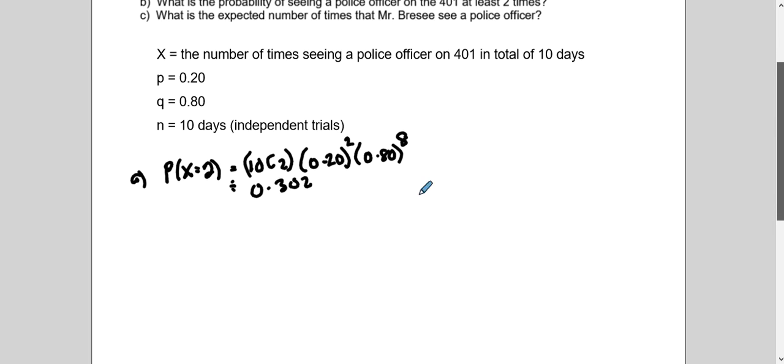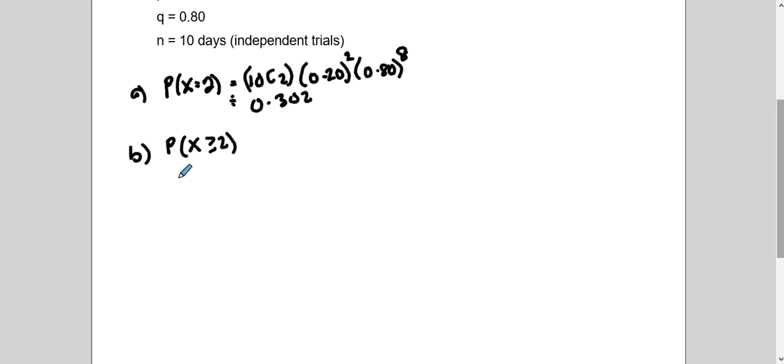Well, the probability of seeing it at least 2 times. We're going to look at this. So we're going to say x is greater than or equal to 2. Well, if I'm thinking about this, I could make a table out of this and say to myself, all right, x, p of x.